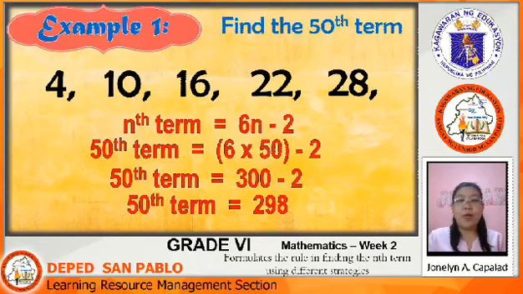So therefore, we can say that the 50th term of the sequence 4, 10, 16, 22, 28 is 298, following the rule 6n minus 2.